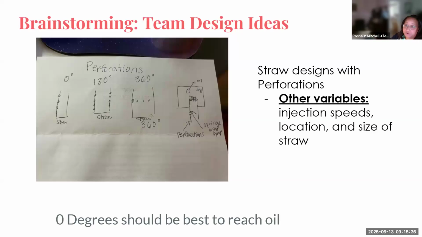So some of the brainstorming ideas, this graphic is showing you what we looked at. That's showing you the 0 degrees, the 180, the 360 on the perforations on the straw. And some of the other things we had to look at were the injection speeds and the location of the perforations.